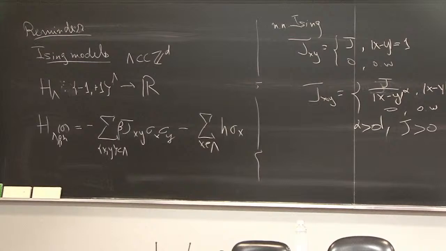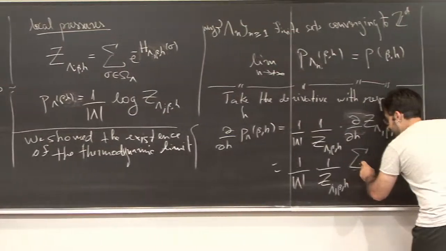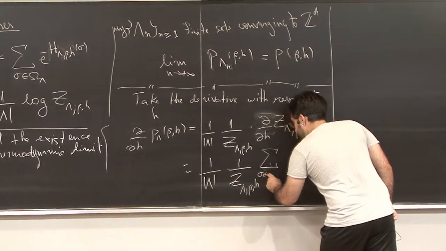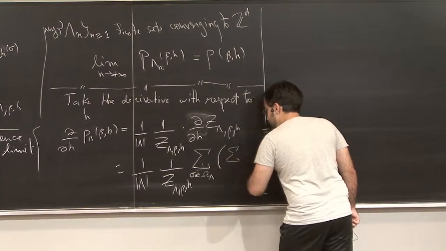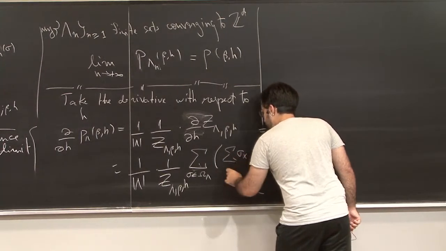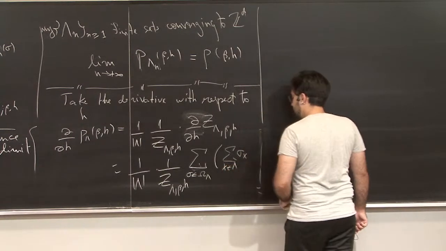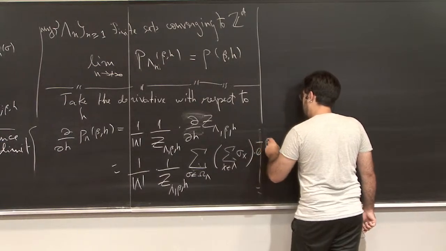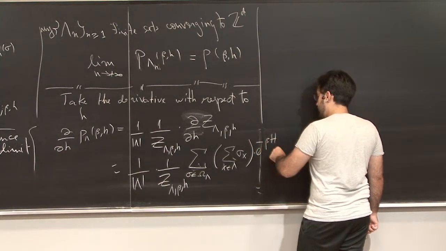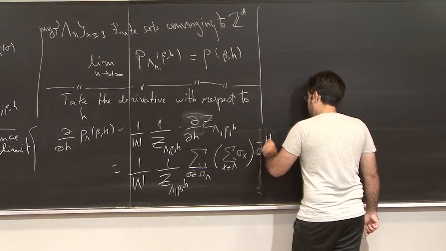Since there is a minus there also, we will have the sum over all the configurations, and then we get another sum over all the spins located in the finite volume times the exponential of minus the Hamiltonian of Lambda, beta, h, sigma.